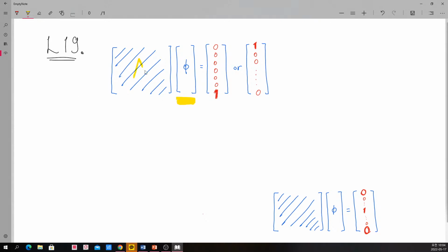Let's call this matrix A, and your phi can be considered as the inverse of A multiplied by a certain vector. However, this vector contains all zero components and is non-zero only at a certain position.